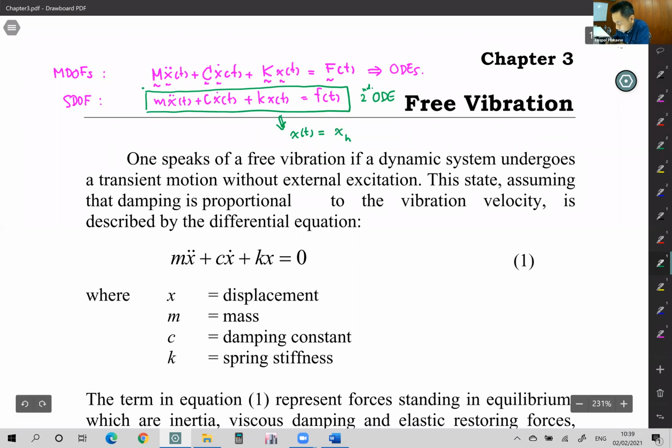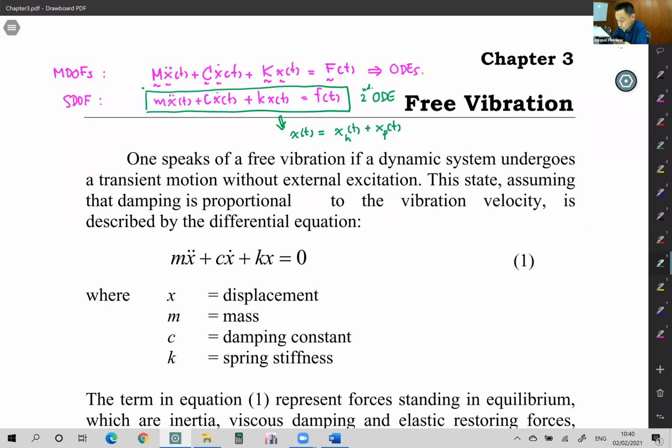If you have studied differential equations before, I believe you understand this. The general solution, a complete solution of the second order differential equation, takes the form of the summation of two parts. One is called the homogeneous part and the other is called the particular part.